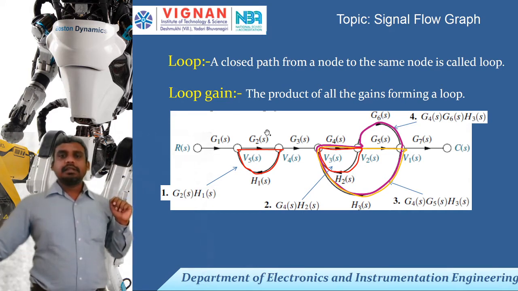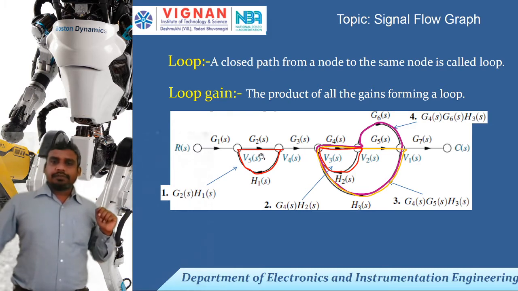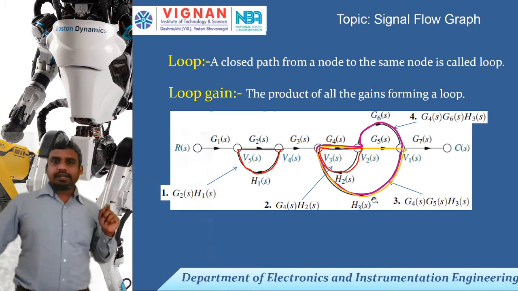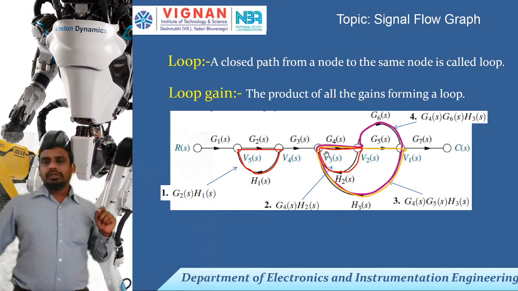Similarly, you can observe different loops here, like V3 and V2, which has one loop, and V3 to V1 and again V3, which is another loop. There are 4 loops in this diagram, so the loop gains are given as 1, 2, 3 and 4 here, right?